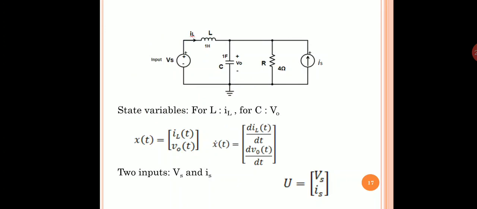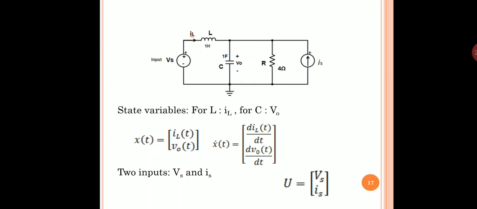So it is up to you. In this case I have solved it in a different way. Instead of naming two variables, Vc and V0, V0 itself will act as my state variable. The current through inductor IL and voltage across capacitor V0 will act as my state variables.